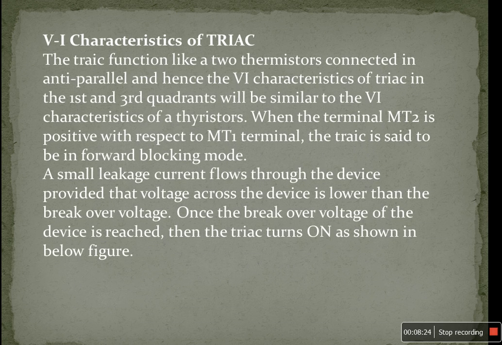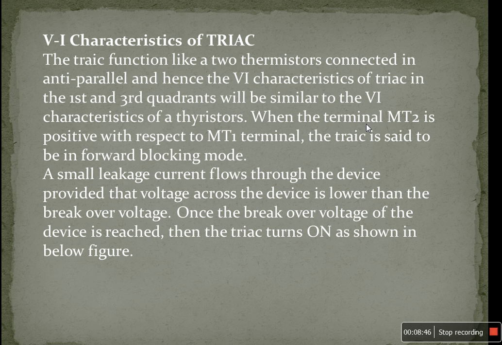So next is the VI characteristics of the triac. The triac functions like two thyristors connected in anti-parallel, and hence the VI characteristics of the triac are in the first and third quadrants. They will be similar to the VI characteristics of thyristors.